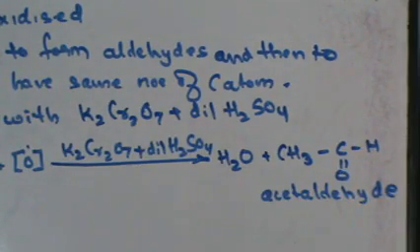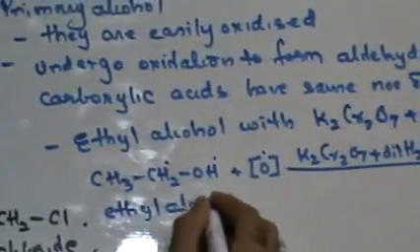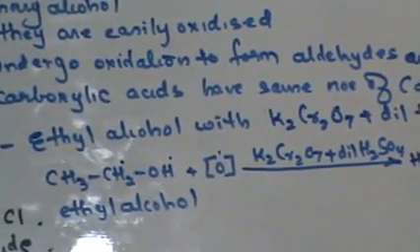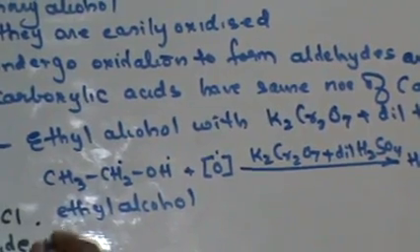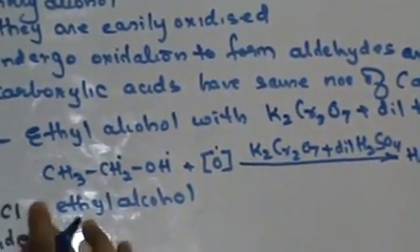This is ethyl alcohol. So in the first step of oxidation, they get converted into aldehydes. The aldehyde so formed, CH3CHO, undergoes further oxidation to form carboxylic acid.